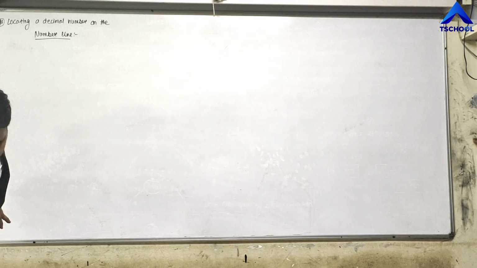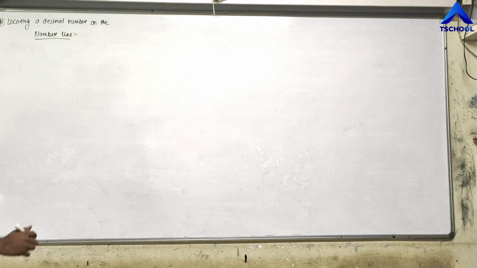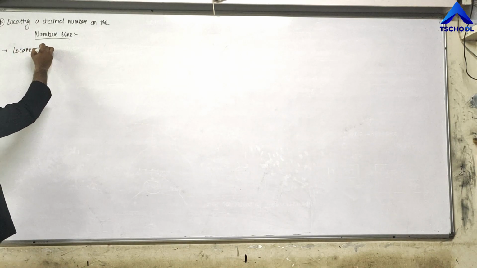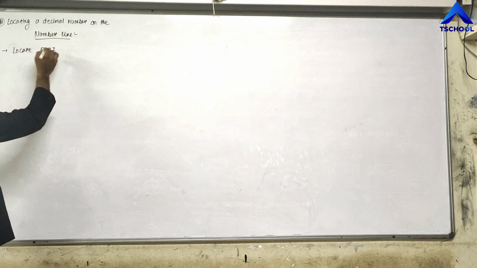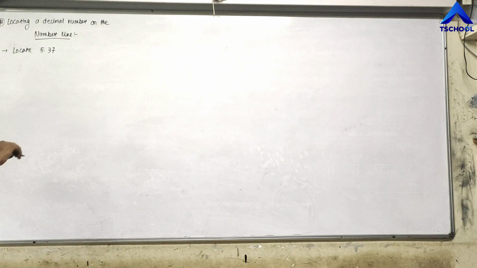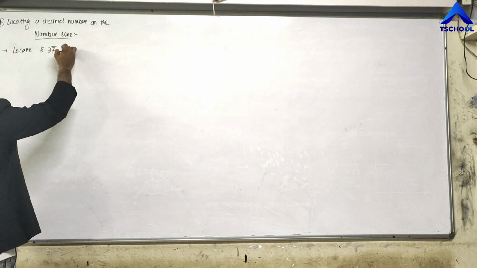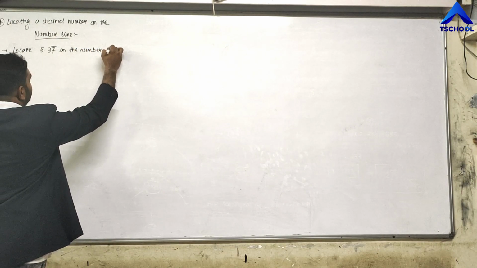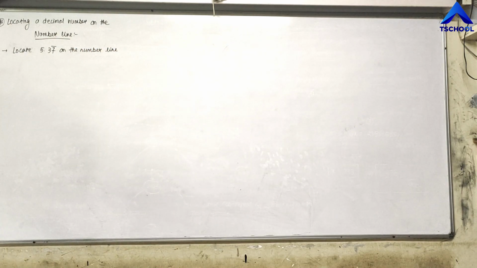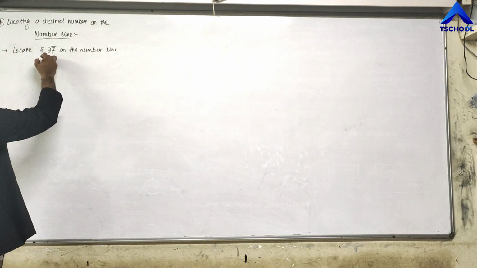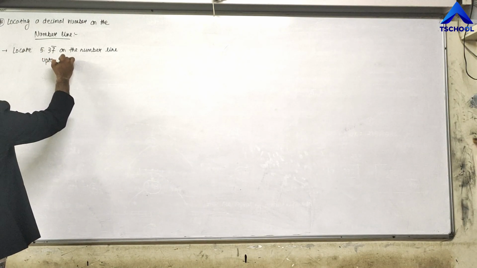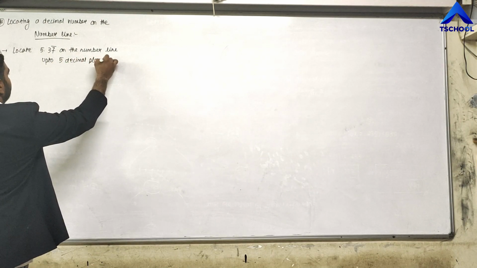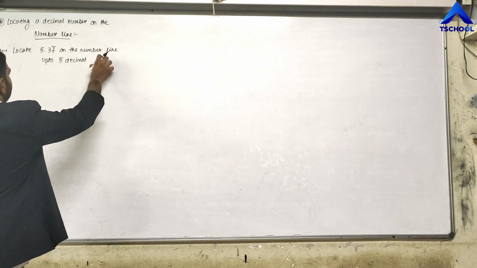Okay, one more example here for me: locate 5.37 bar on the number line up to 5 decimals, right, up to 5 decimal places.